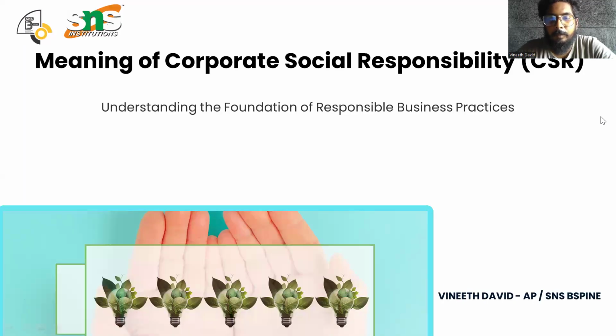The meaning of corporate social responsibility. CSR refers to the responsibility of businesses to contribute positively to society. It is all about integrating social and environmental concerns into business operations. CSR is more than philanthropy.